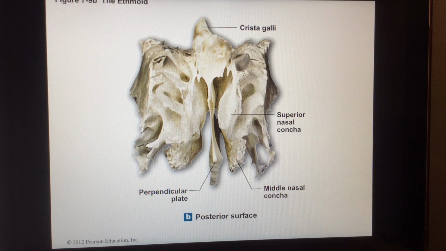Again, you have the superior and middle nasal concha, those little projections that help create turbulence for airflow, stick to mucus, and then the perpendicular plate is going to create portions of your nasal septum.